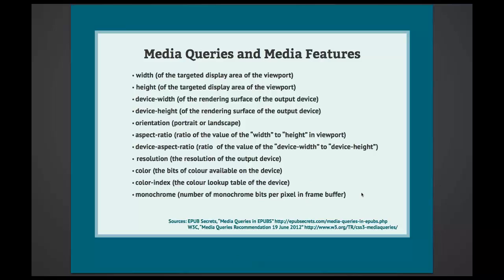For media queries, there are different features that will be called along with either screen or all. Those are width, which is the width of the viewport, height, the height of the viewport, device width, which is self-explanatory, I hope, device height, orientation, which is either portrait or landscape, aspect ratio, device aspect ratio, resolution, color, color index, and monochrome.